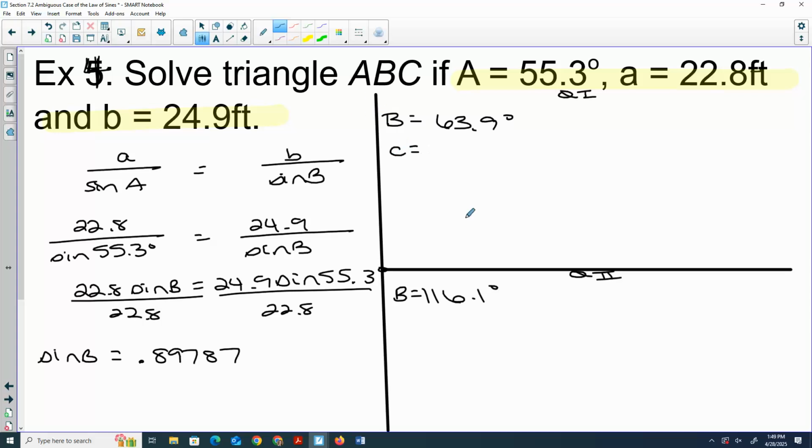How do we get angle C? Subtract from 180. Okay.